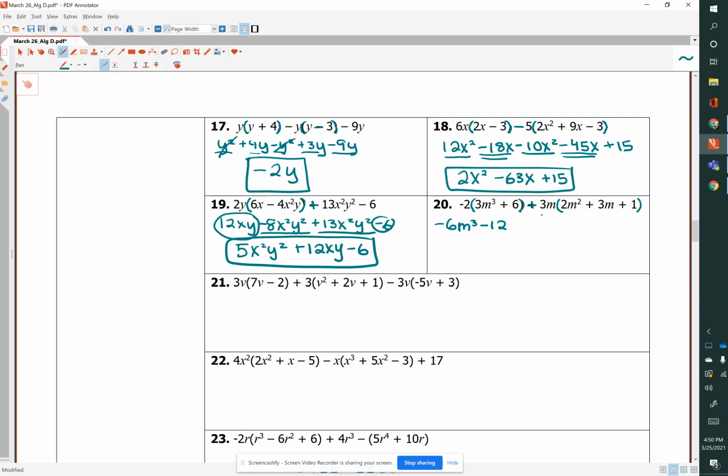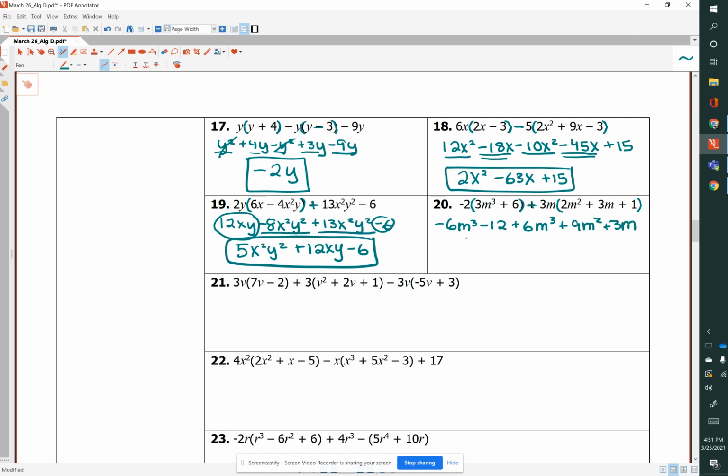And then moving on to the right side, 3m times 2m squared, it's a positive 6m to the third. And 3m times 3m is positive 9m squared. And 3m times positive 1 is positive 3m.